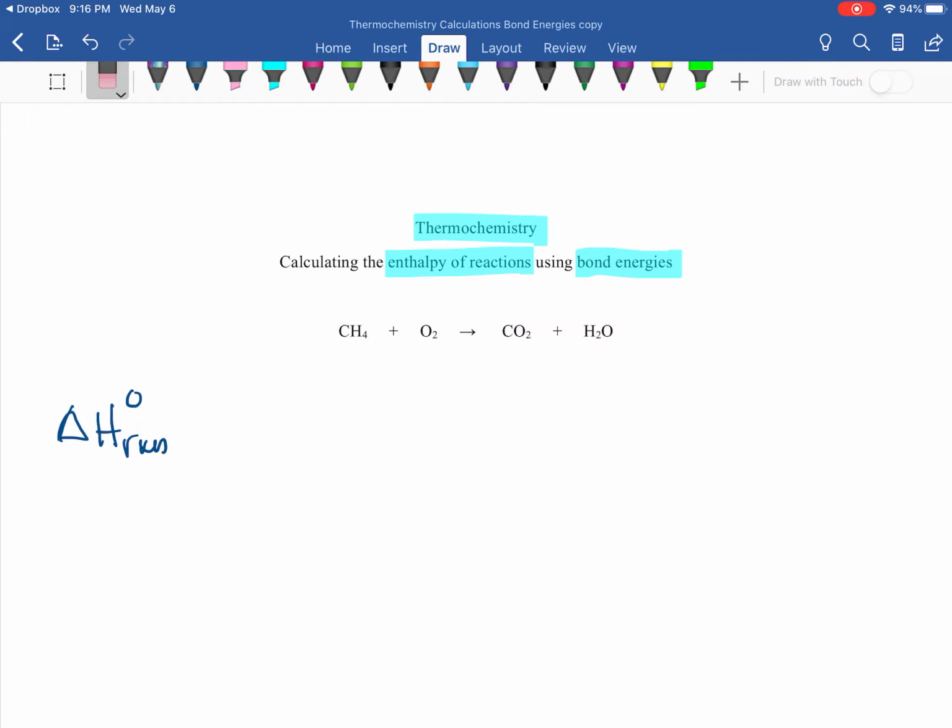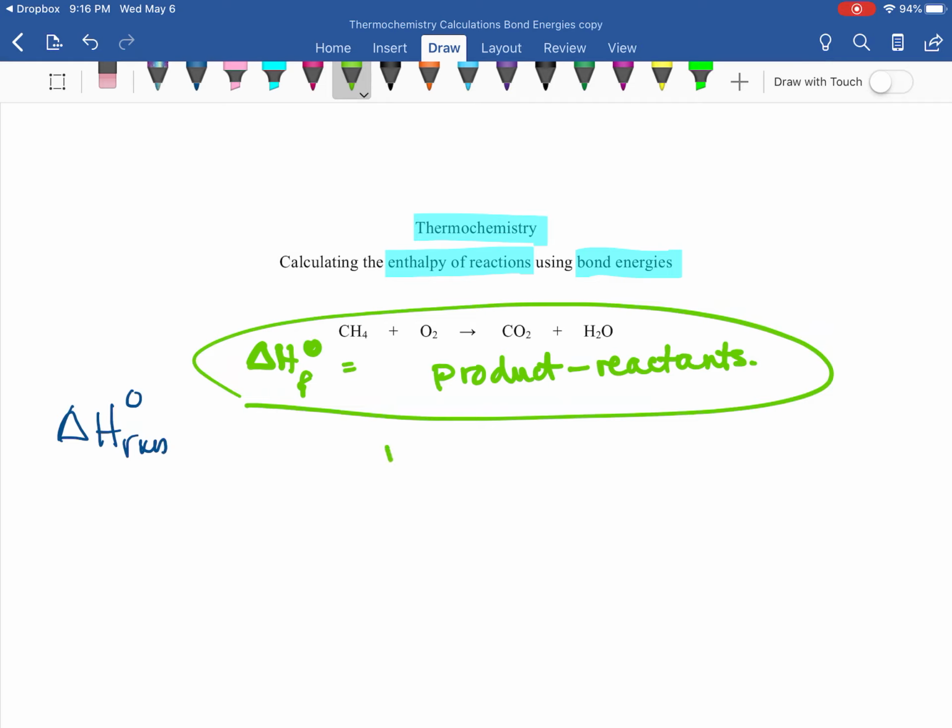So the first one we did was by reading our thermochemical table, and we wrote out here our enthalpies of formation, and then we subtracted our products, remember, our products minus our reactants. And what we looked at was that whole reaction. So this whole process, this whole reaction.